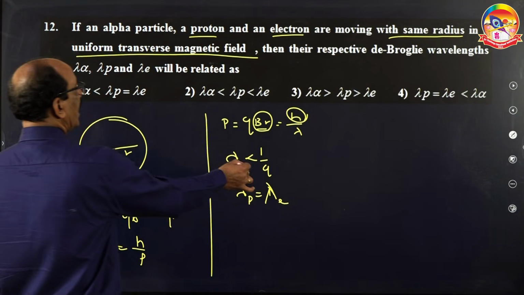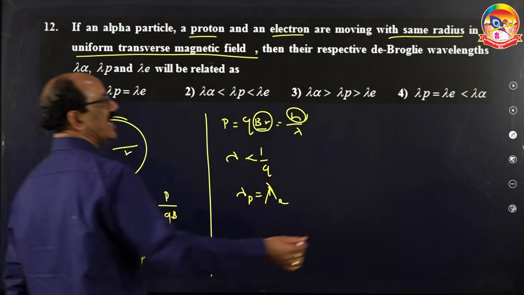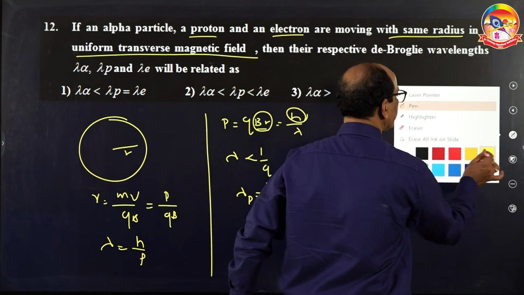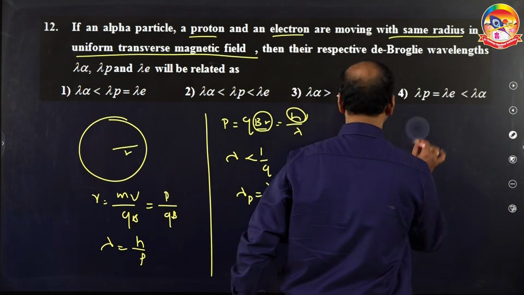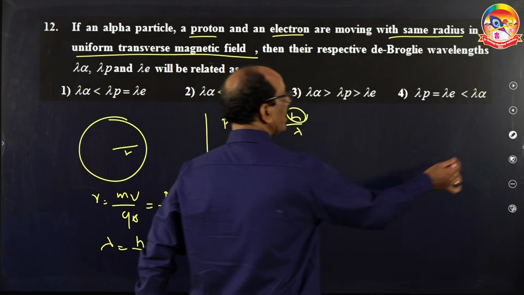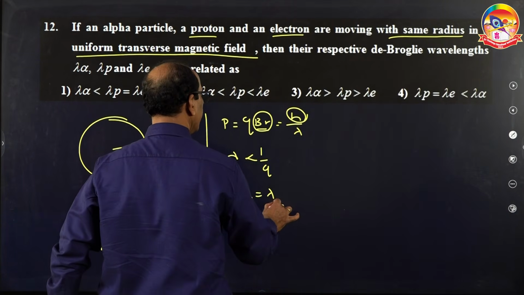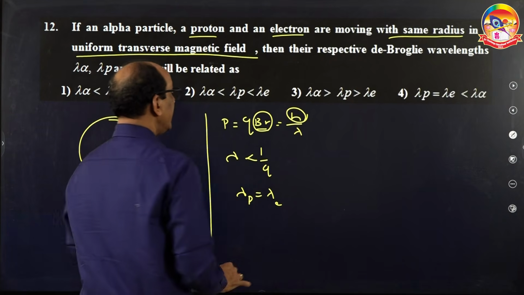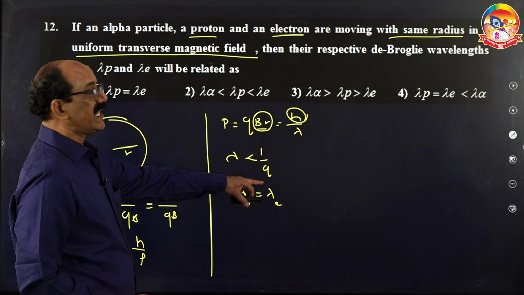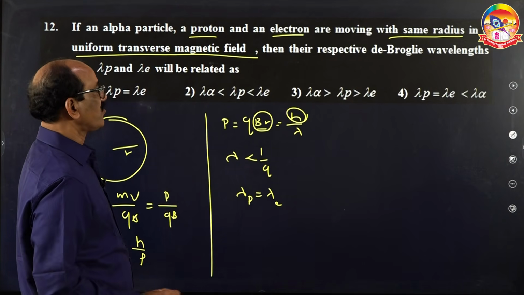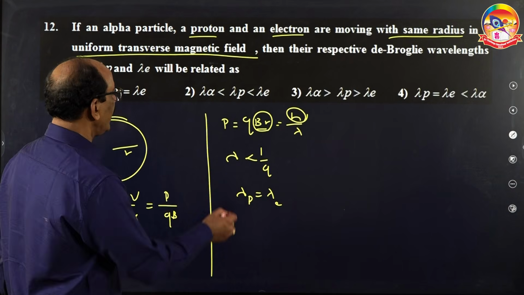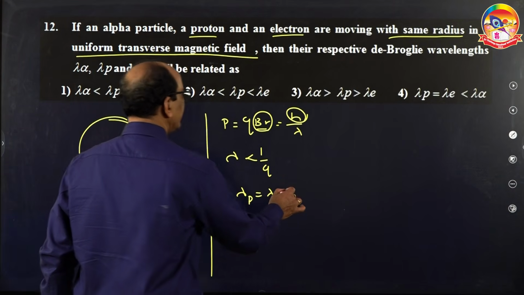But here the charge of the alpha particle is twice that of the proton. Therefore, lambda proton is equal to lambda electron, and as the charge is greater for the alpha particle, which is twice that of the proton, we can say that its wavelength is smaller.